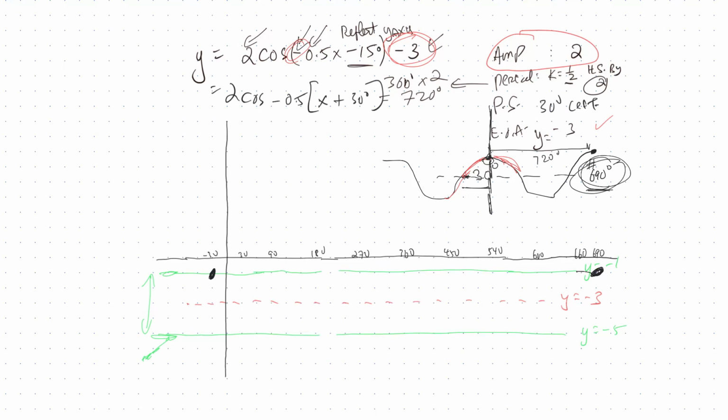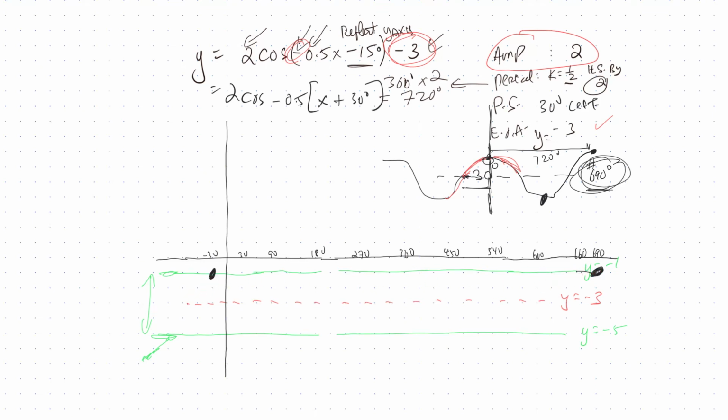Now keep in mind we have to draw the minimum point here, and the minimum point is halfway in the cycle. If this here is the beginning and this is the end, somewhere here will be the minimum. How are we going to calculate exactly where that minimum is? Is it 360? Is it 330? We have to find the midpoint, the halfway point between negative 30 and 690.